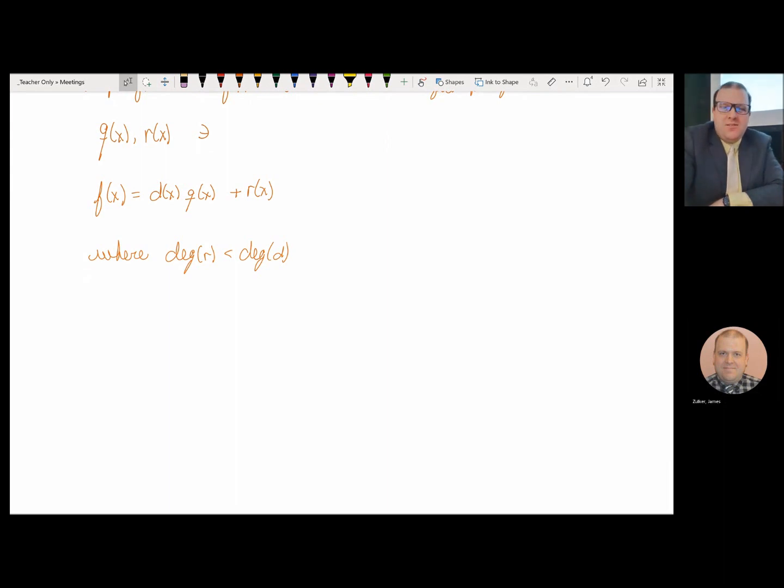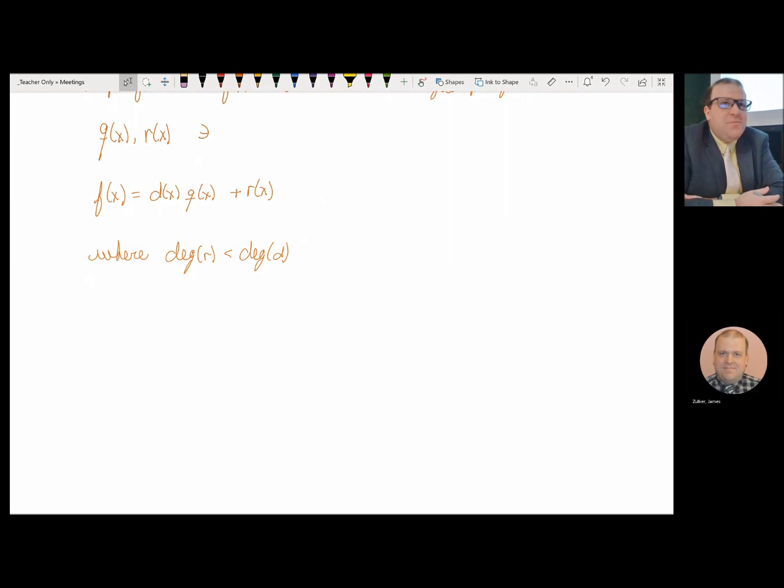This is what we're going to spend today doing, is doing division. Now, you're familiar with division of integers, specifically long division. Remember that? We also have what's known as polynomial long division.